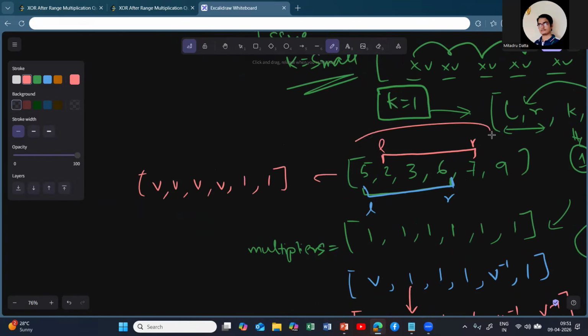After processing this particular query also, you will tell me that this 2, 3, 6 element should be multiplied with V square, and the next element should be left as it is. So this will be V, this will also be V because the R ends over here. So you should get an array something like this.